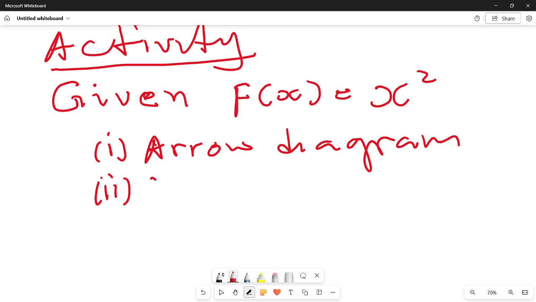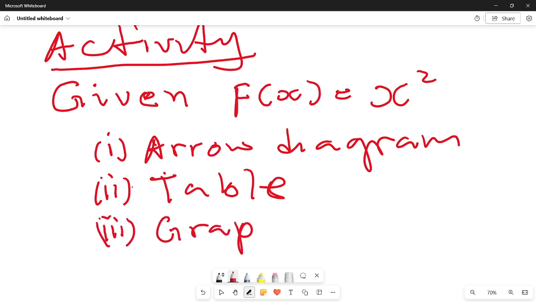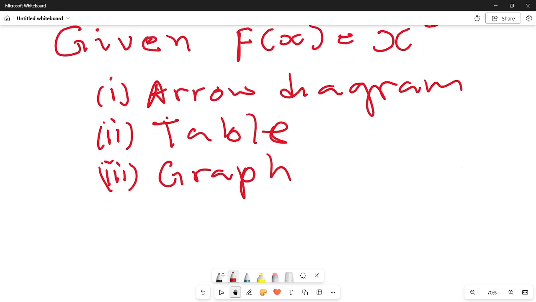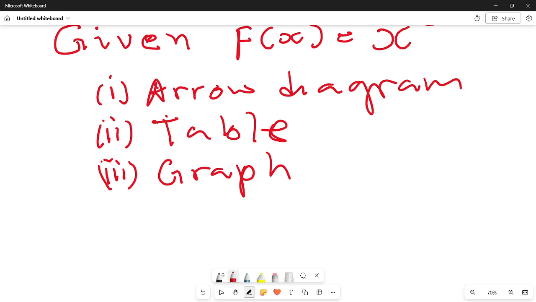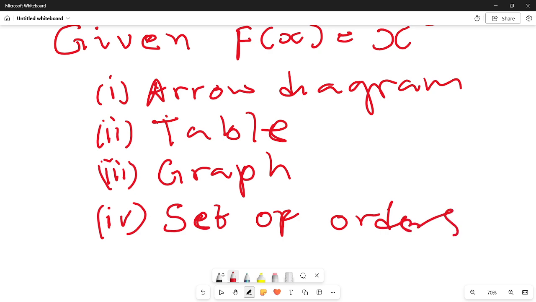Use a table. Do the same, represent using a graph. And as a bonus, represent using a set of ordered pairs.